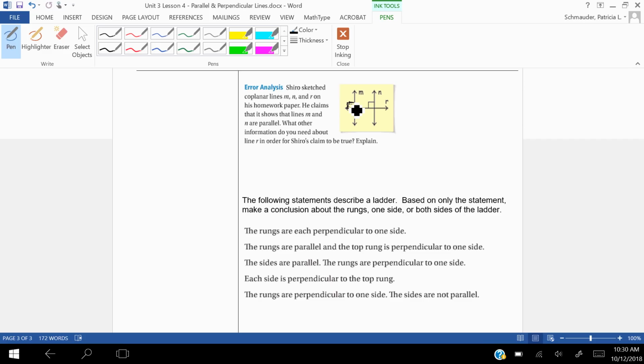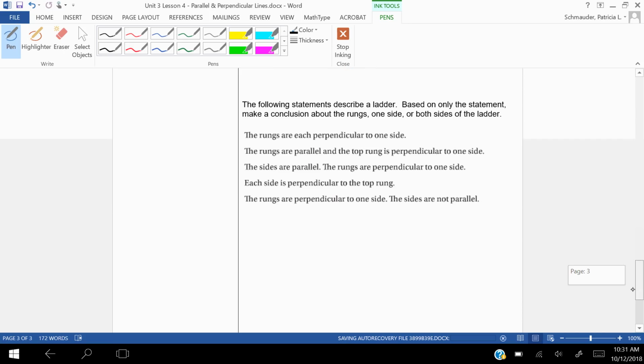Or in a plane, if two lines are perpendicular to the same line, that's what I need, not the perpendicular transversal theorem. I actually need the one that says in a plane, if two lines are perpendicular to the same line, then they are parallel to each other. So I would need this marking right here to be able to know that M is parallel to N.